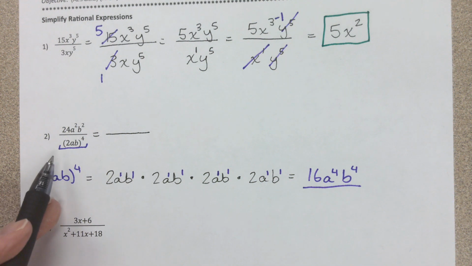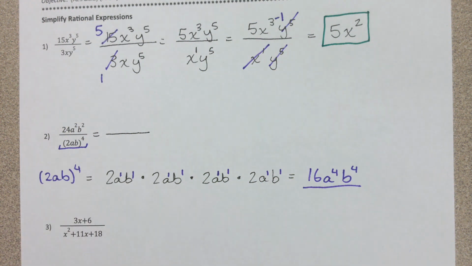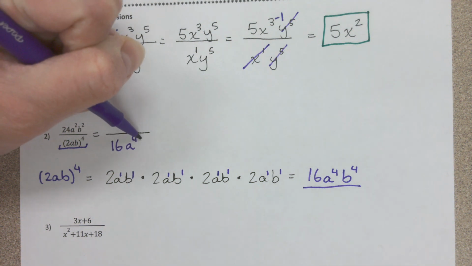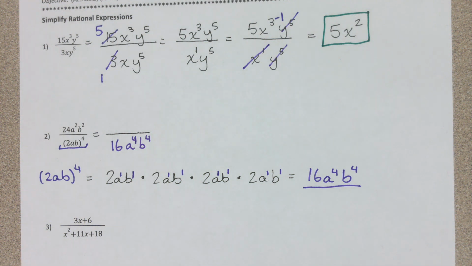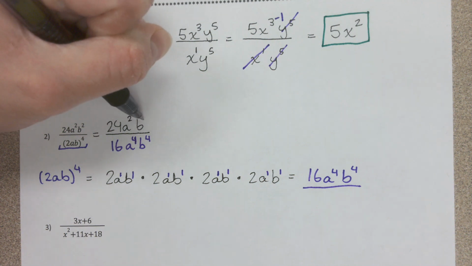So now, on the bottom of the fraction, I'm going to replace that 2ab to the 4th with 16a to the 4th, b to the 4th. And then the top is the same as it was before, 24a squared, b squared.